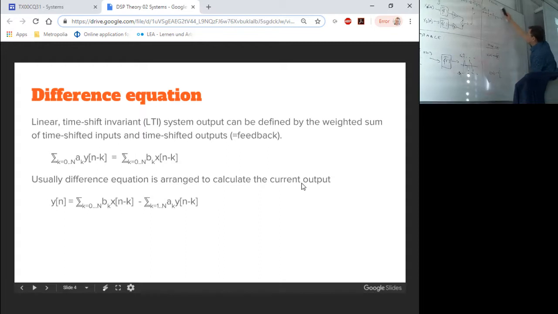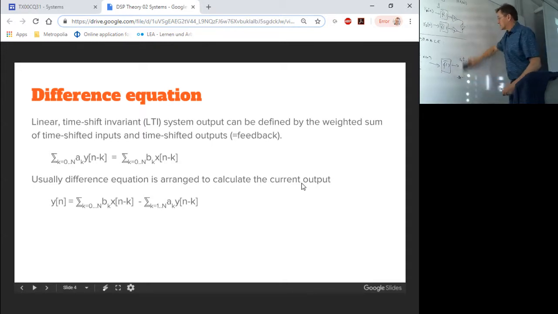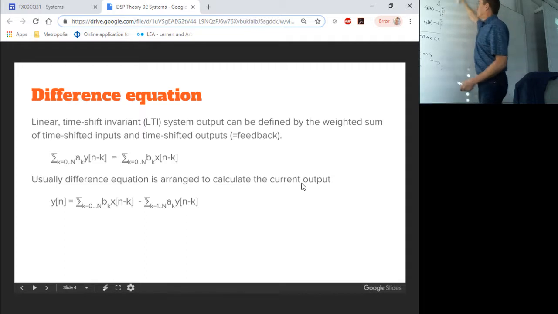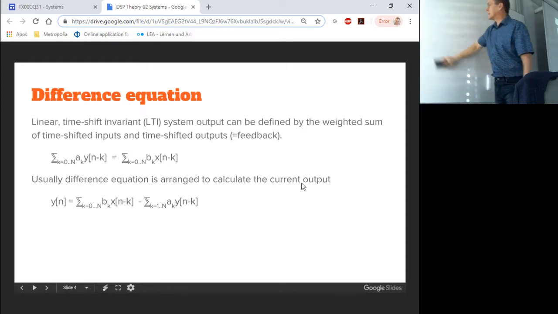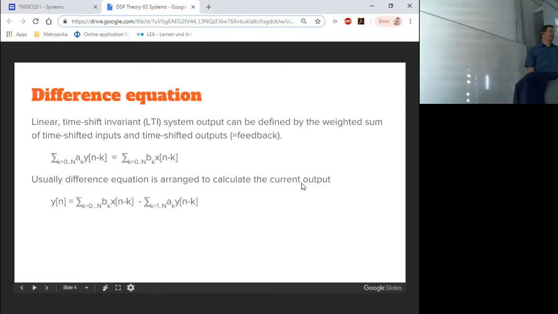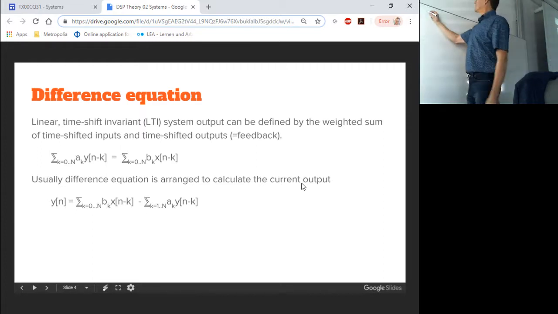And most of the systems actually are linear and time shift invariant, especially linear digital filters. There are also non-linear filters which are pretty good in some cases, like the median filter. Median filters are used especially in image processing, and they are good filters.